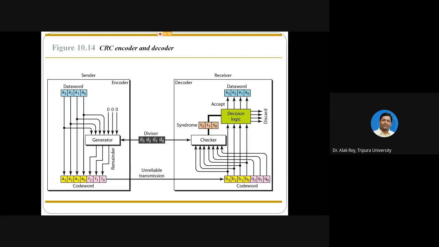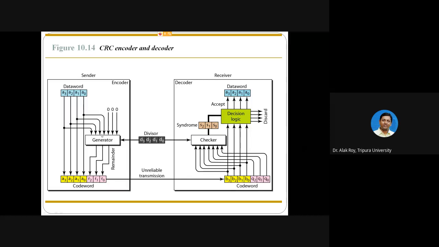The figure that will be used for the sender side, where in the encoder you have the bit string A0, A1, A2, A3. This 4-bit data word will be sent through the generator, and in the generator you are using some extra bits in the form of 000.